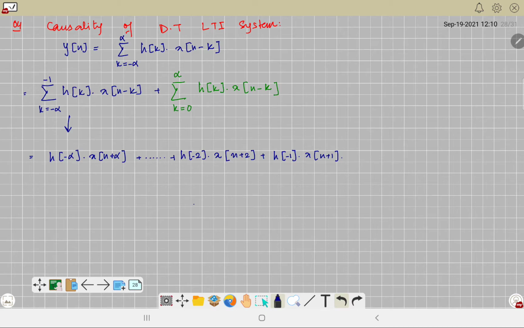And you'll see that this part of the summation includes future input samples.